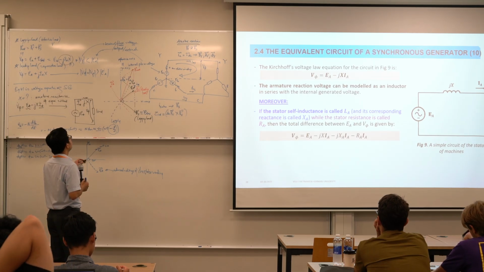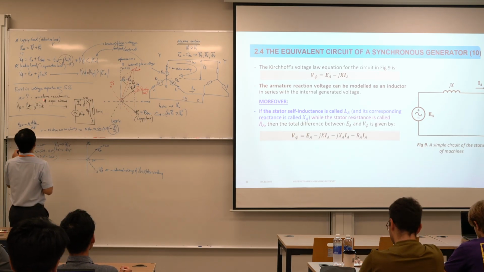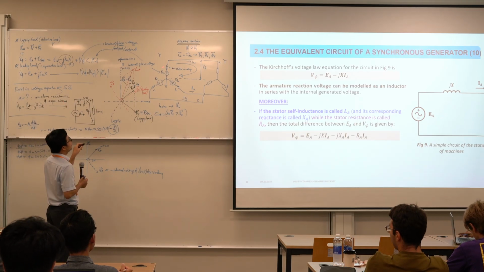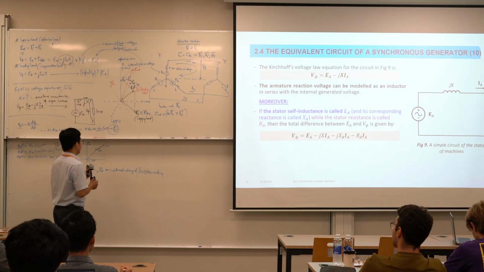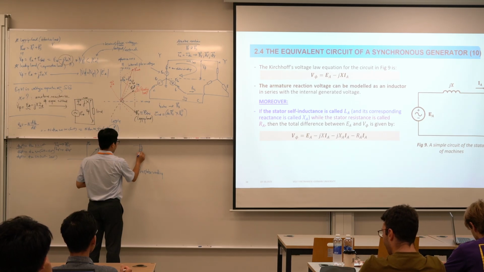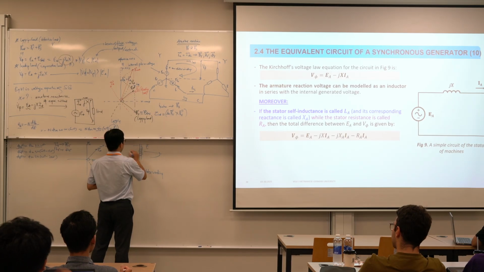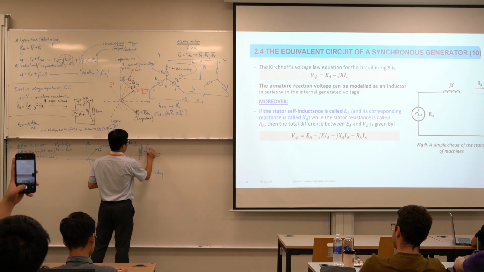Look, we have X. X is the armature reactance, but inside the stator we have stator winding. So for the stator winding, we get equivalent circuits. For example, this is phase A equivalent circuits.